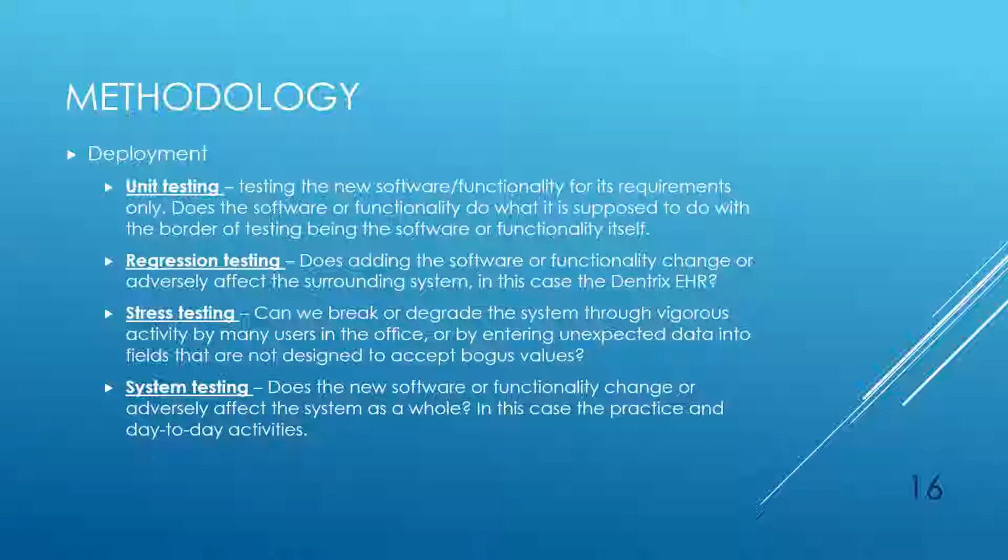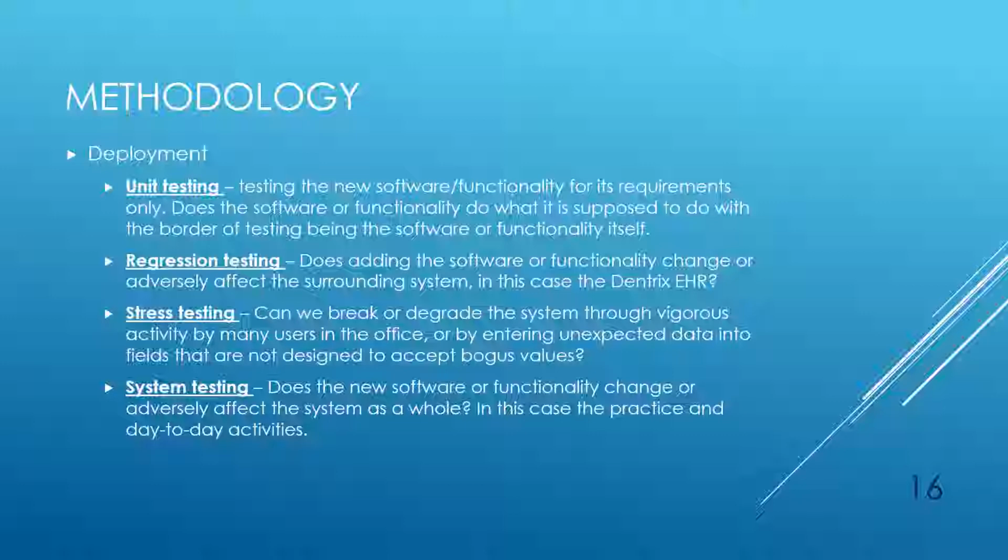The next typical step in testing is regression testing. And that's where we ask the question, does adding the software or functionality change or adversely affect the surrounding system? In this case, that would be the Dentrix EHR. So we would regression test the EHR and make sure that none of the other functions were affected adversely by our implementation of the CPOE.